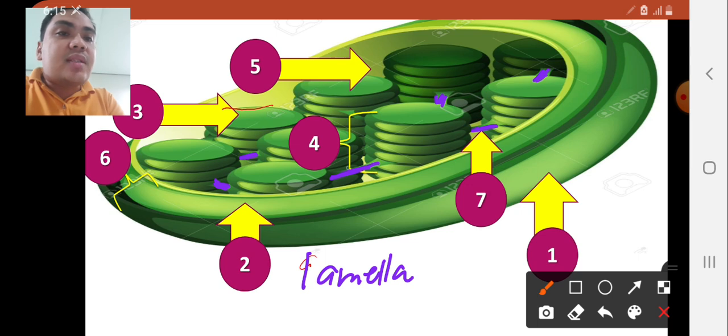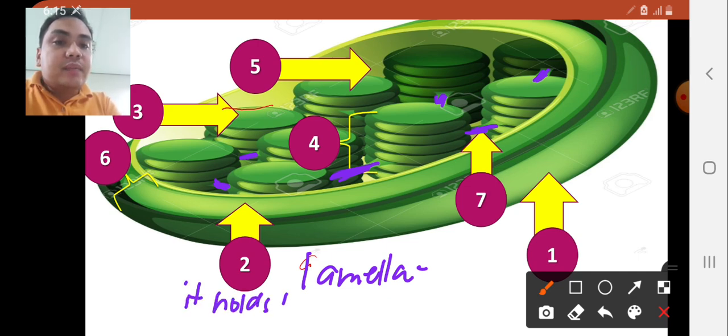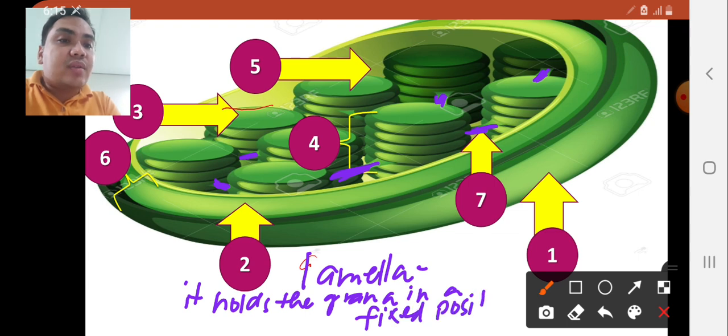As you notice, the lamellas connect one granum to another granum. Therefore, the main function of the lamella is that it holds the grana in a fixed position.